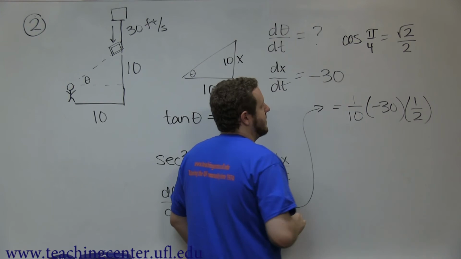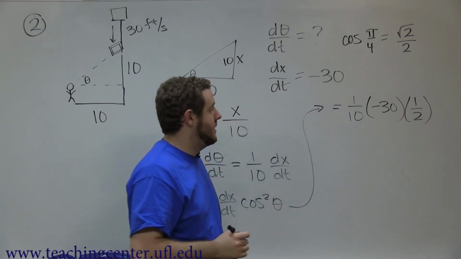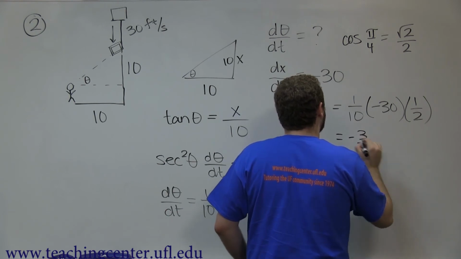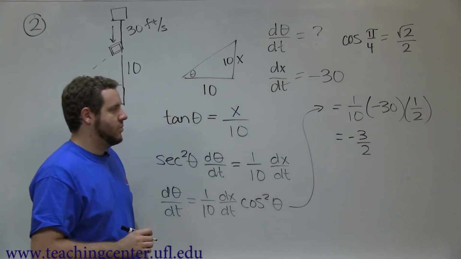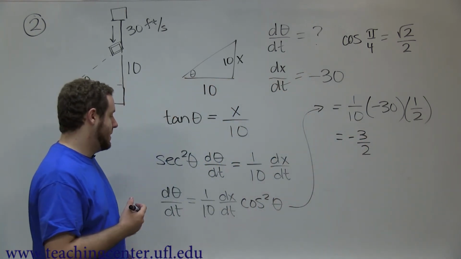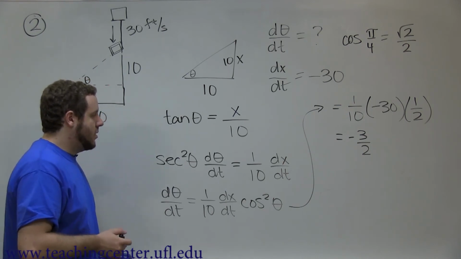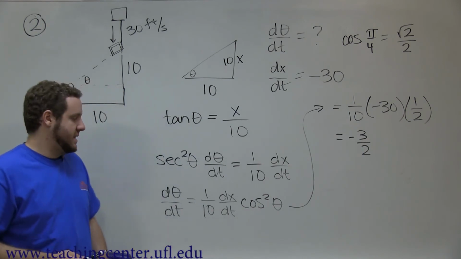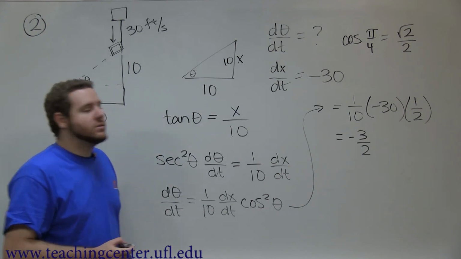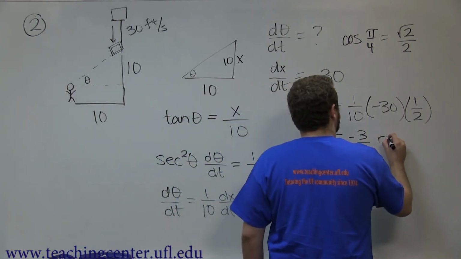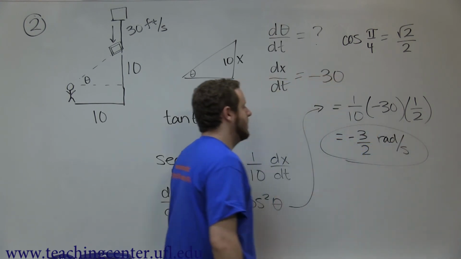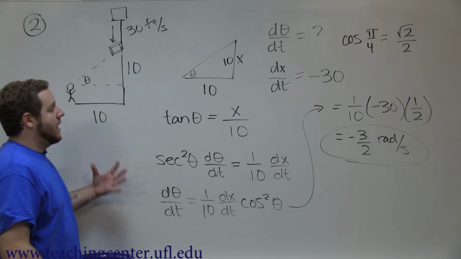Negative 30 divided by 10 would be negative 3, and then times 1/2, so we get negative 3/2 when we multiply all those together. Keep in mind, what unit is that in? Well, the dx dt was in feet per second, so this is obviously in something per second. It's the rate of change of an angle, so you would say that's in radians per second. And that's our rate of change.